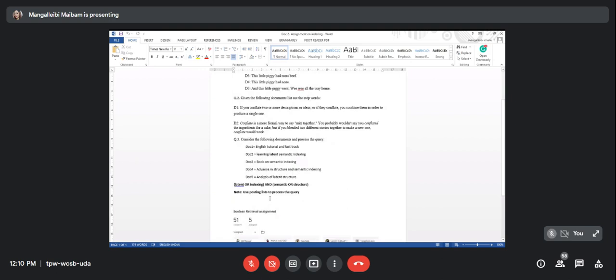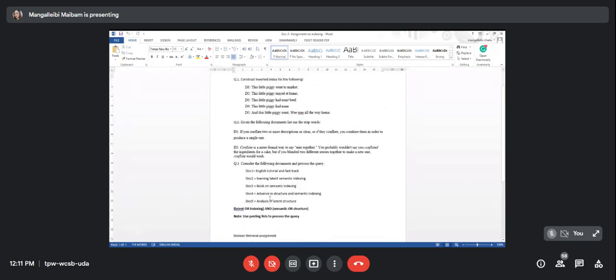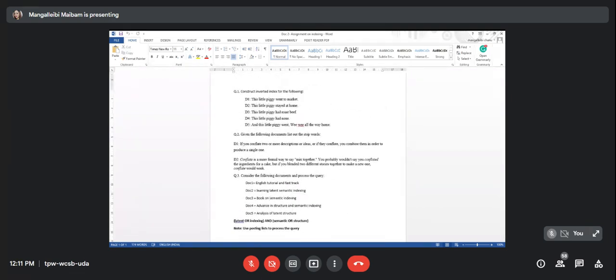And question number three: consider the following documents and process the query. This is exactly what I have given in class to solve. The query given is: English tutorial and fast track, learning Latin semantic indexing.